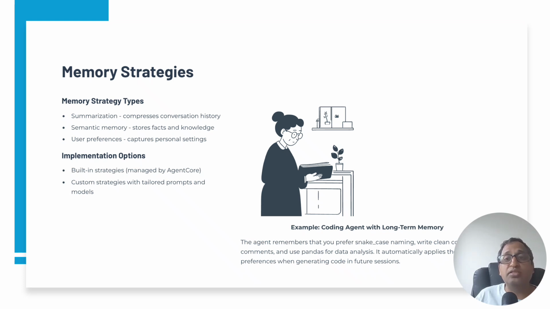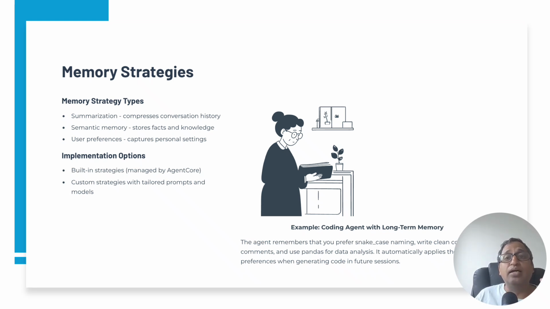Of course, you can also have your own custom strategy. You can use built-in strategies that are automatically managed by Agent Core, or if you want more control over how you store the long-term memory, you can build your own custom strategy using a tailored prompt and model to suit your requirements.